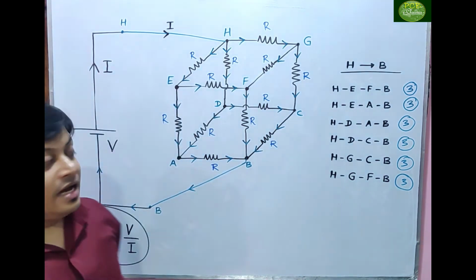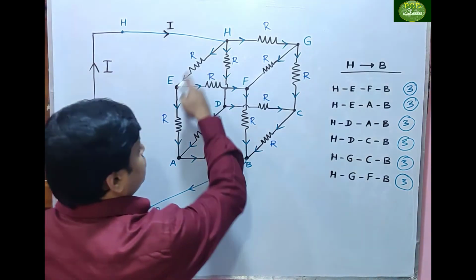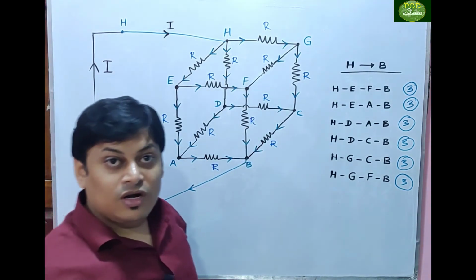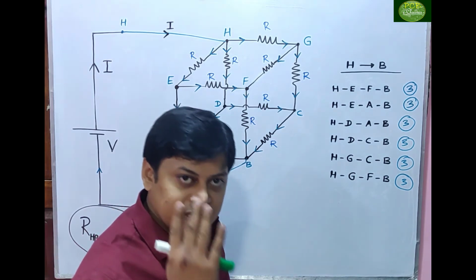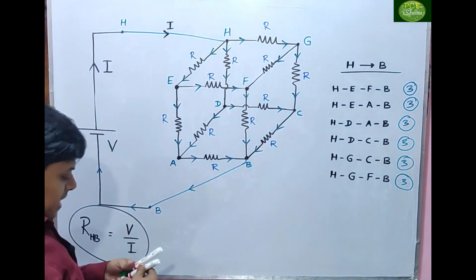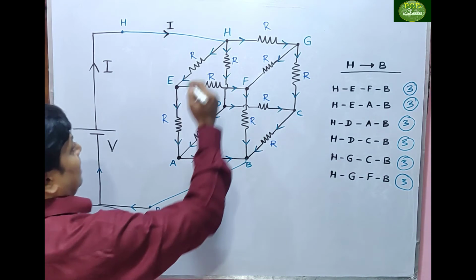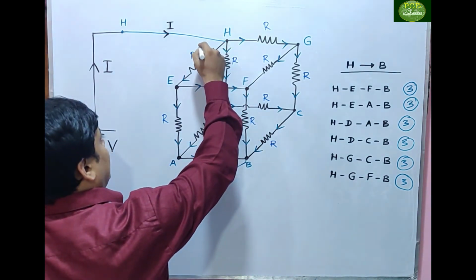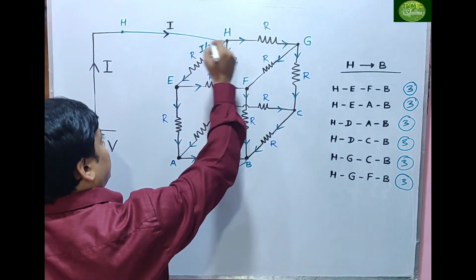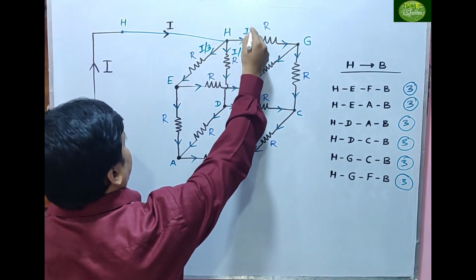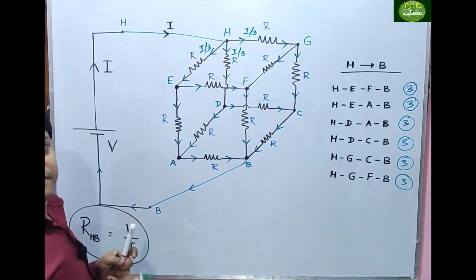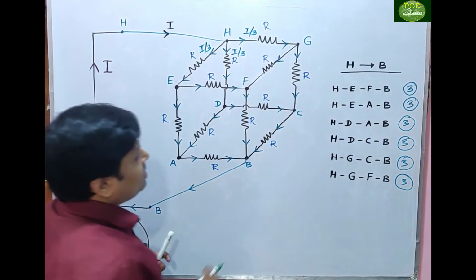That means the current flowing in each branch will be the same or different? It will be the same. So I will take this I and divide it here. It is I by 3, and this will be I by 3. Now see here.